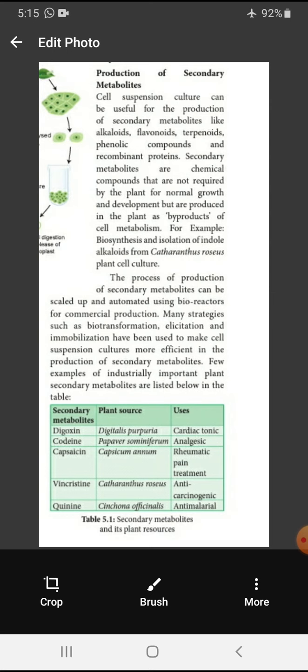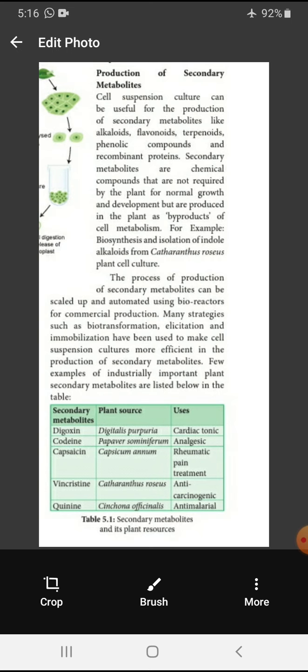Already I told you, Nithya Kalyani. Its other name is Vinca rosea. It is used as an anti-carcinogenic, an anticancer medicine. The next one, quinine. It is obtained from the plant Cinchona officinalis. It is used to cure malaria. So it has anti-malarial properties. That is quinine. So these are the secondary metabolites.